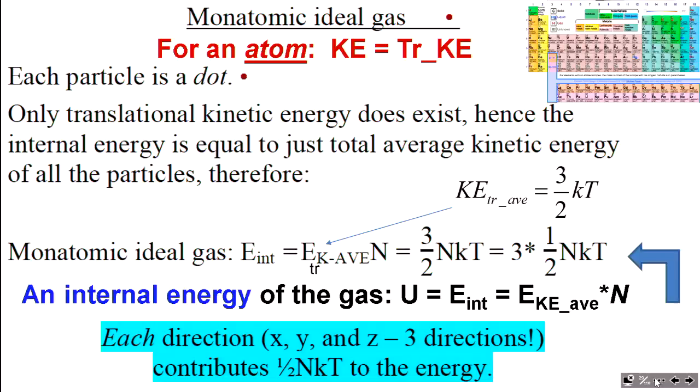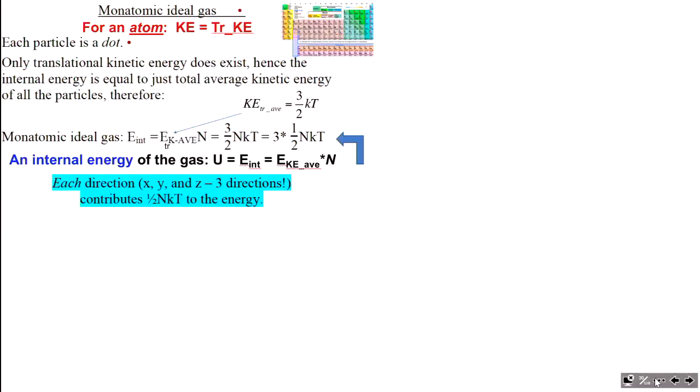And so the internal energy, a standard letter for internal energy of the gas is U. However, sometimes it might be confusing because we used to use the same letter for potential energy. Well, it's a different situation, different system.